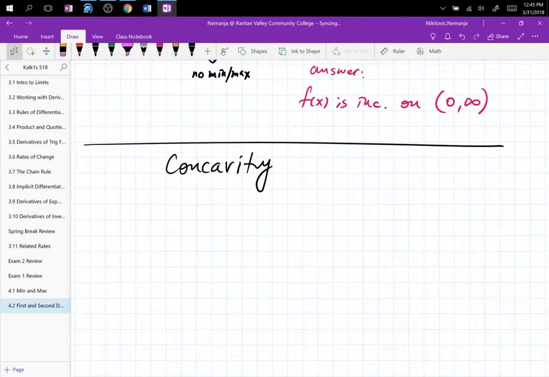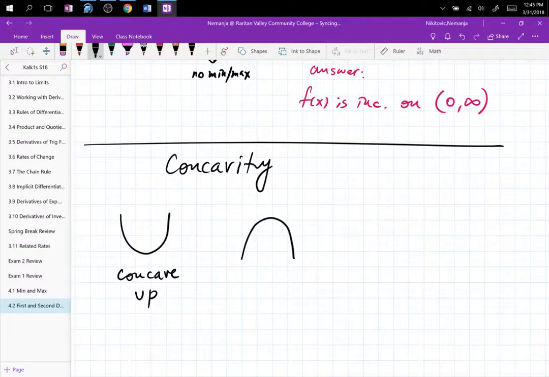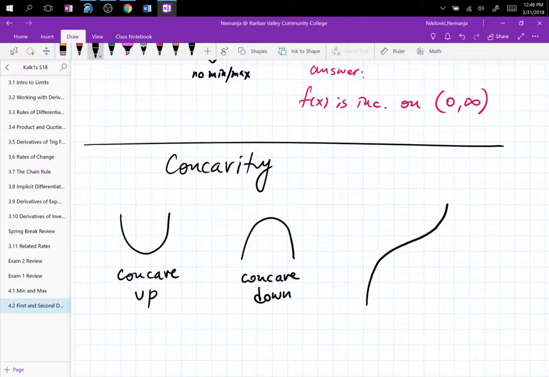So what is concavity? It's related to the shape of the function. And I told you that something like this is concave up, and something like this is concave down. And when you have a piece that does this, there is a point at which the concave down part becomes the concave up part.